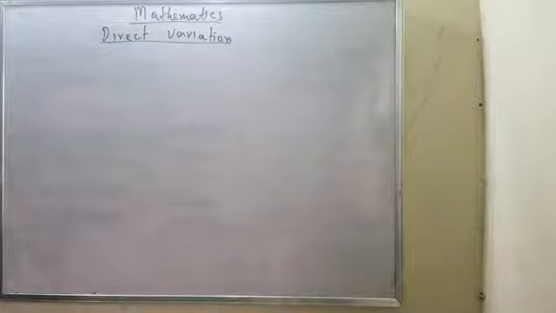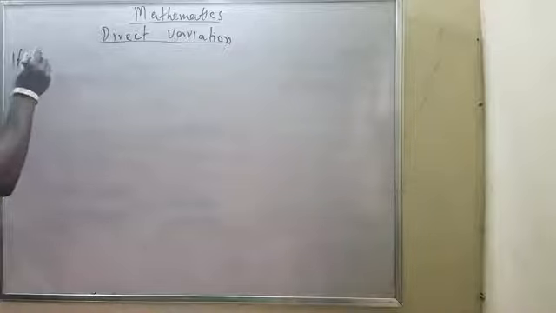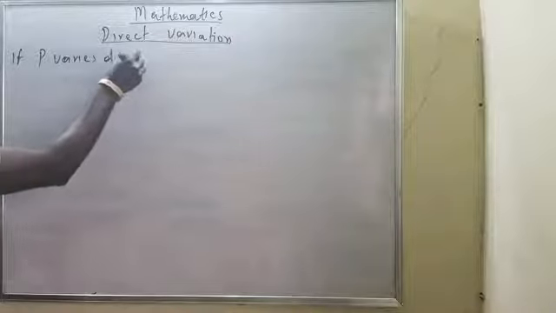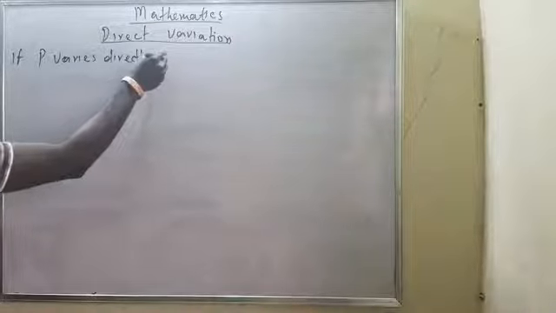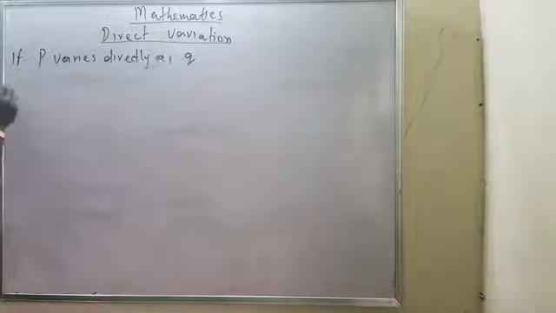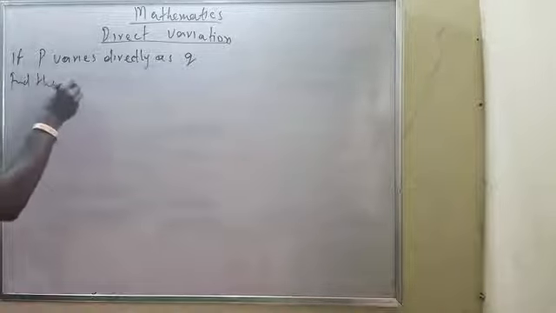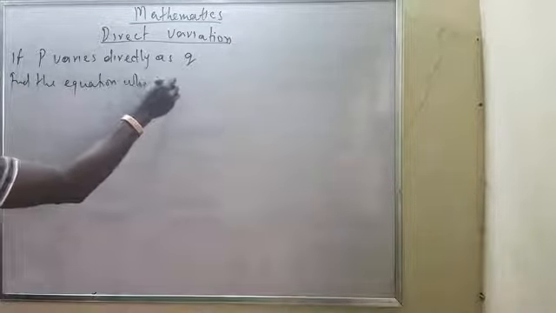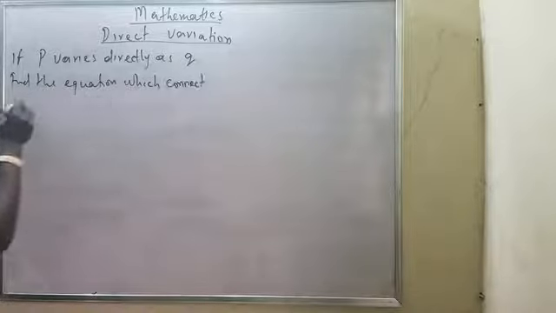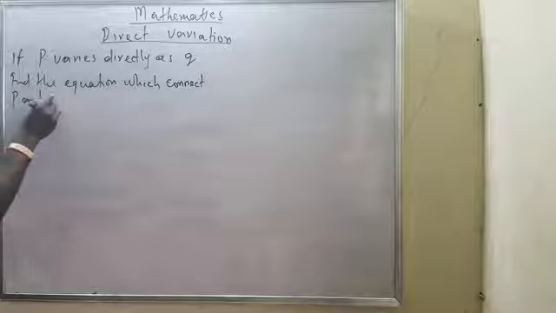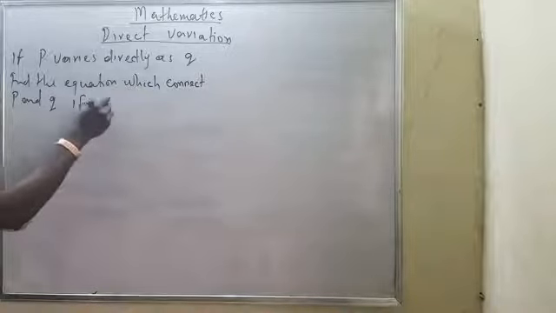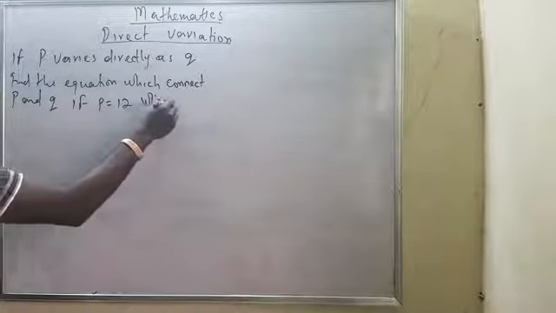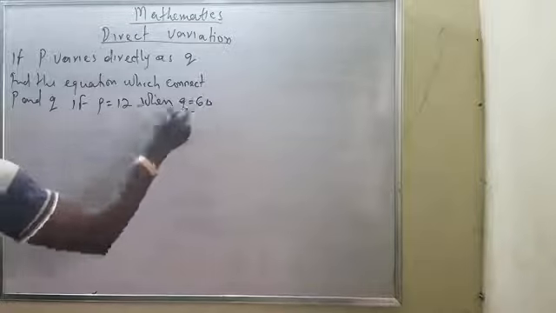Okay. If P varies directly as Q, find the equation which connects P and Q, if P equals 12 when Q equals 60.